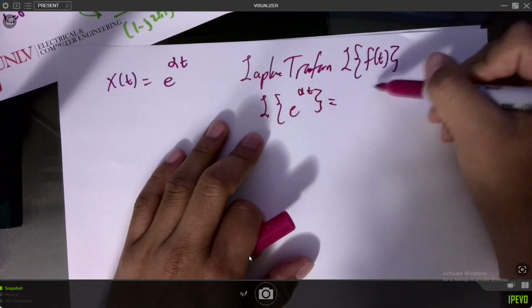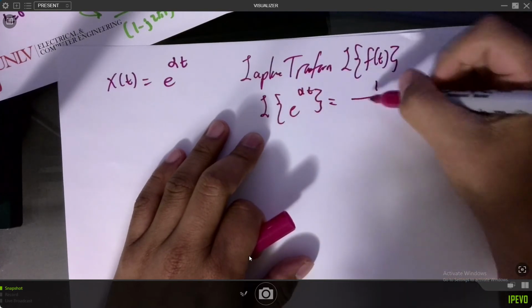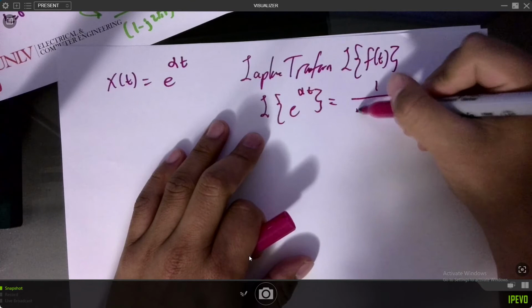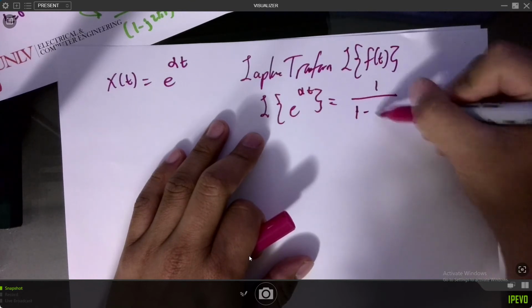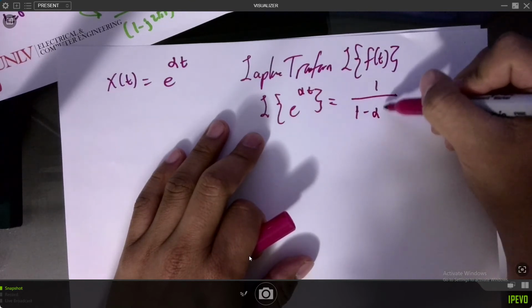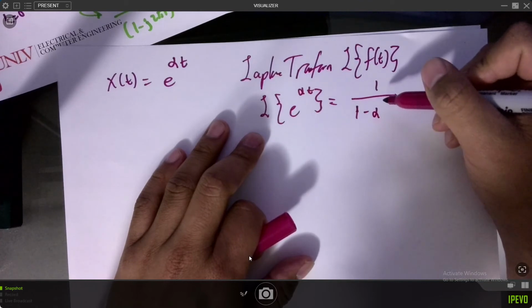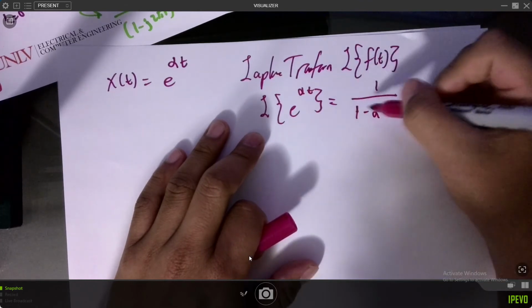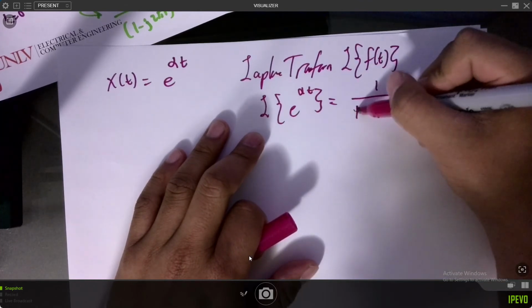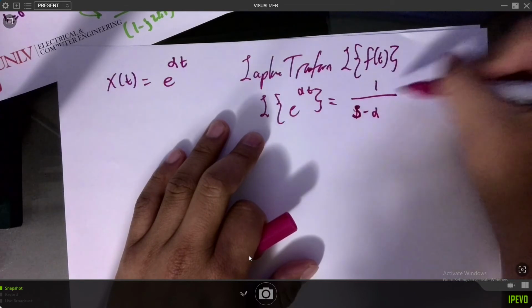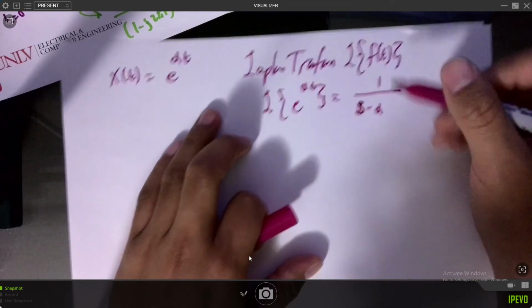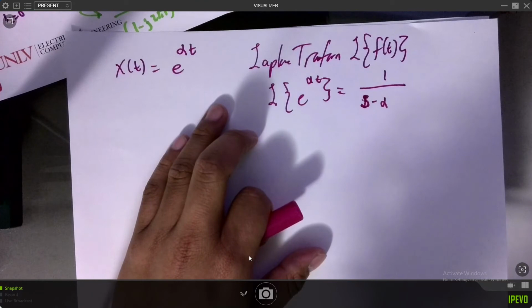That's basically equal to 1 over, was it 1 minus a? Oh gosh, I'm forgetting now. No, s minus a. There we go, s minus a. So that's how you would do your Laplace transforms.